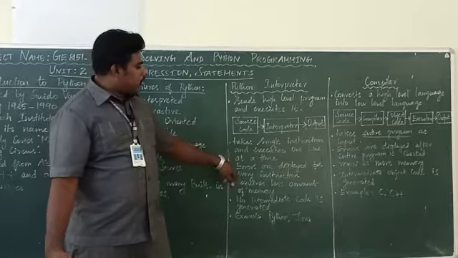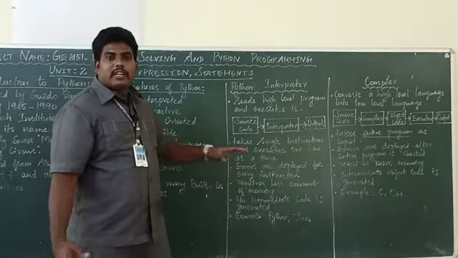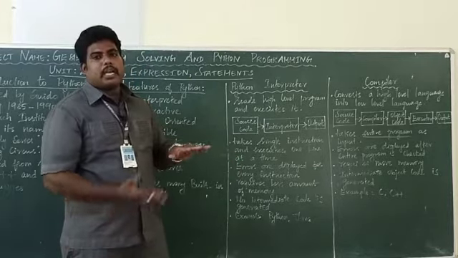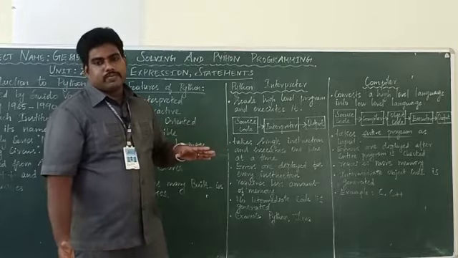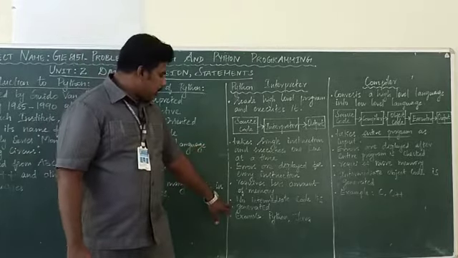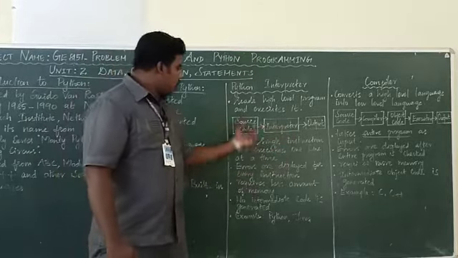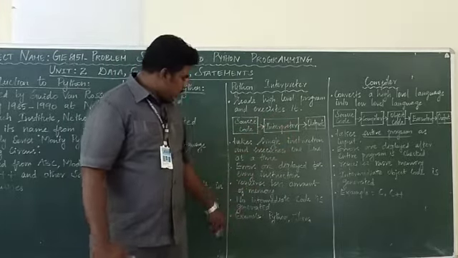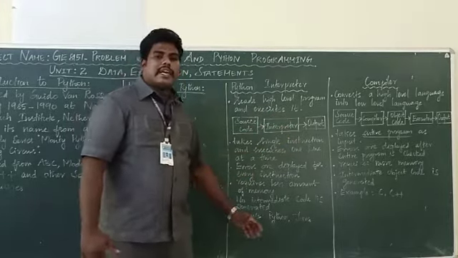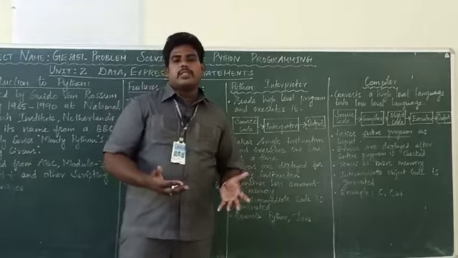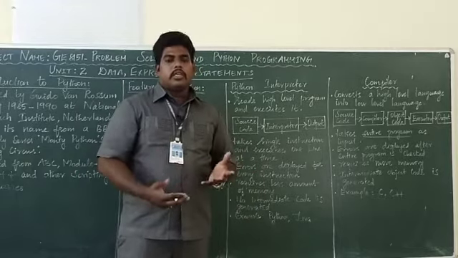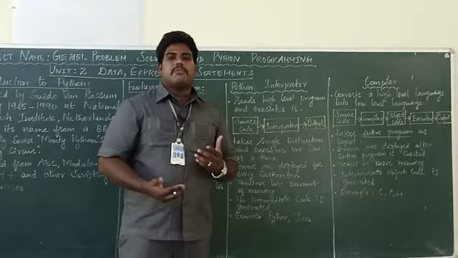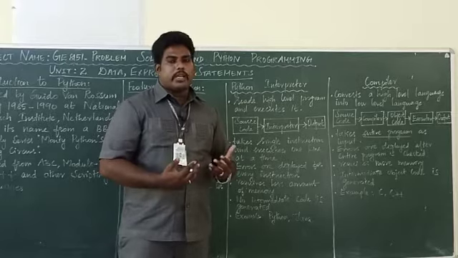Even though it executes line by line, at last when compared to the compiler, it takes much time. Okay, then no intermediate code. As I told, here direct conversion, no intermediate code. Okay, here the examples of interpreted languages are Python, Ruby, then Java. These are some of the interpreted programming languages.